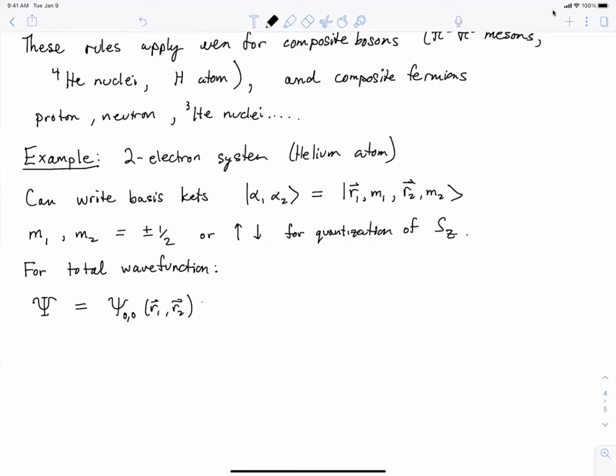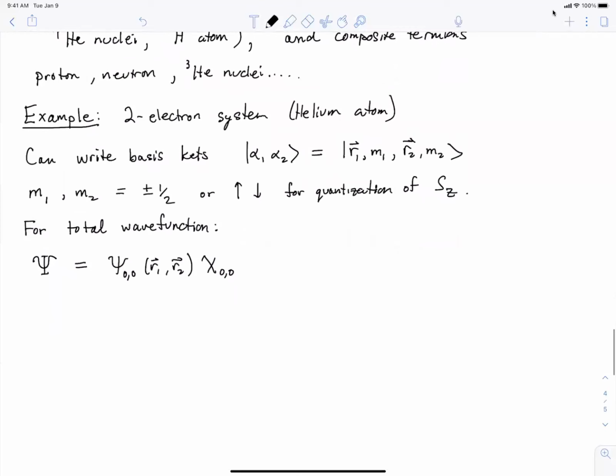But now I'm going to multiply by chi 0, 0, which is going to be a particular spin component ket. And then I'm going to basically do this for every possible spin component ket that I can think of. So it's the sum over m sub s from minus 1 to 1, psi 1 m sub s, and now there's a chi 1 m sub s.